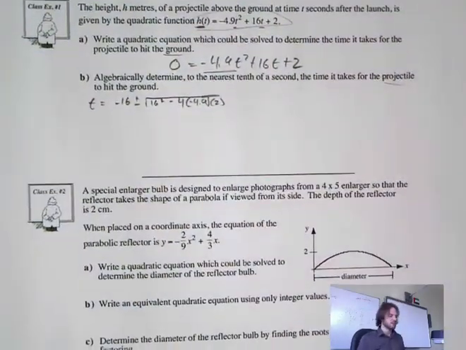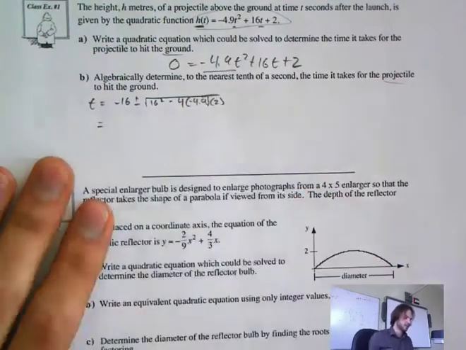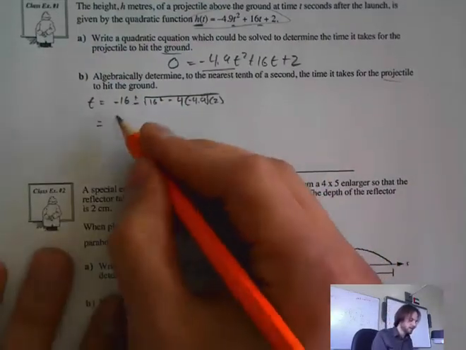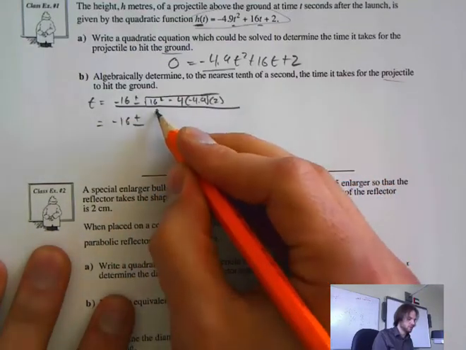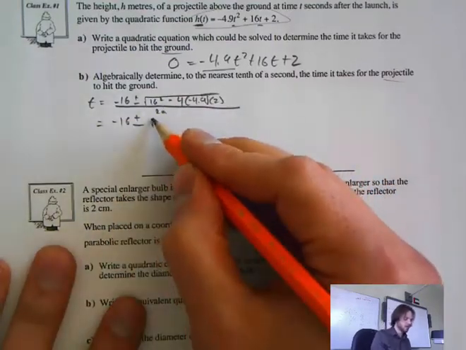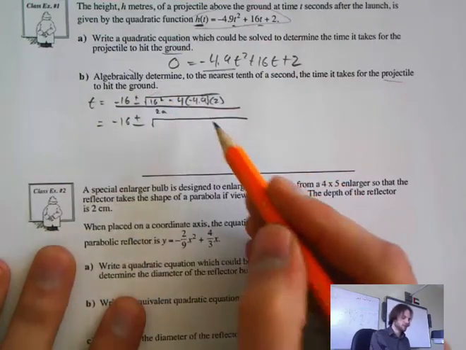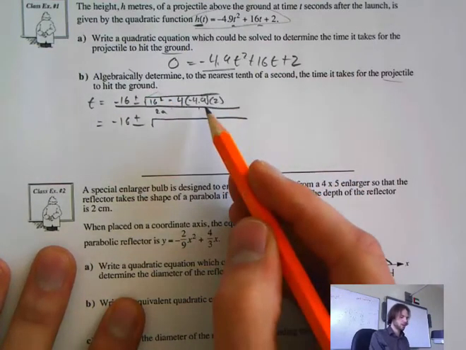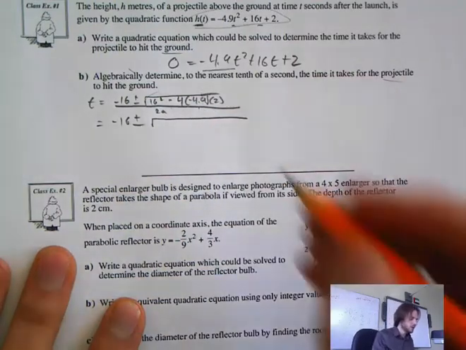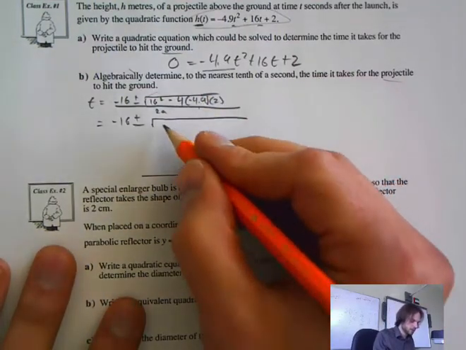Now, we're going to start calculating this out. So I'm going to get negative 16 plus or minus the square root of, this is going to be 256 plus, times 2, and that's going to give me 295.2, I believe.